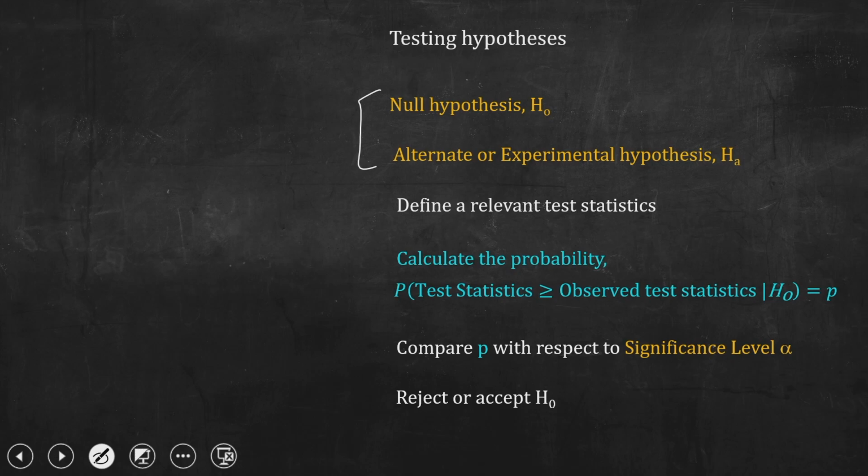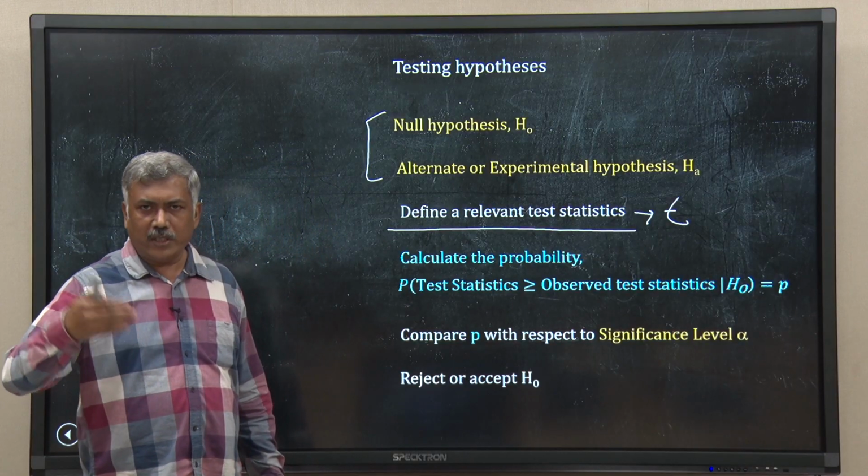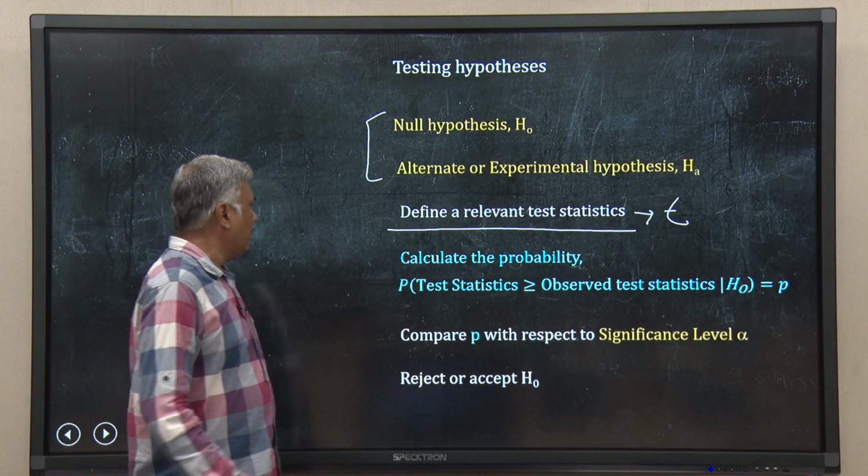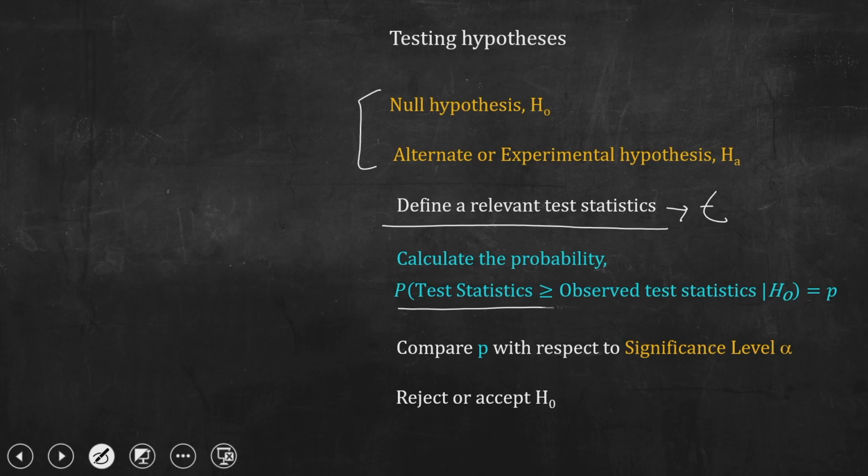Then you define some sort of test statistic. In our case we have used the t value. It may not be t for some other tests. Then you calculate the probability that the test statistic is greater than or equal to the observed test statistic, given the null hypothesis is true, and that you call the p value.